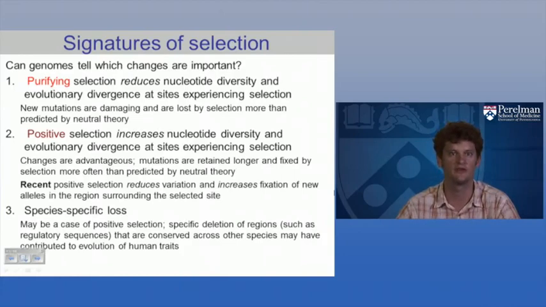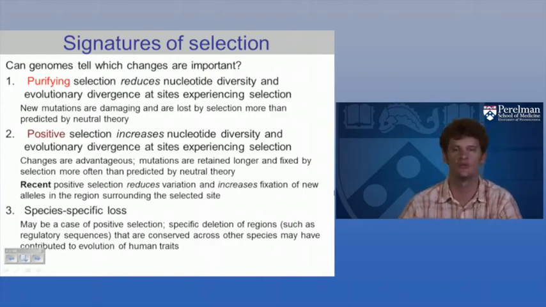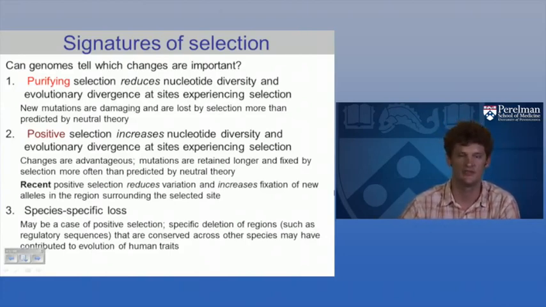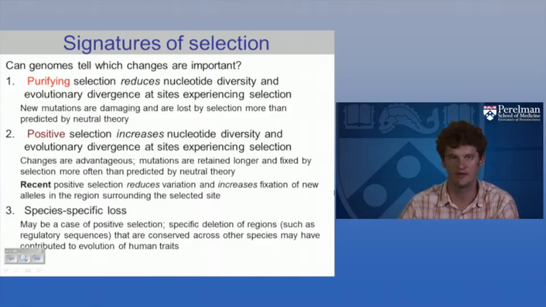Purifying selection is where you have a sequence where you're under pressure to maintain the sequence the way it is. So your typical protein coding gene would be under purifying selection. You end up with reduced nucleotide diversity because mutations that alter that amino acid sequence, for example, tend to be lost by selection, and so you have fewer polymorphisms in those sites than you would expect at a random site.